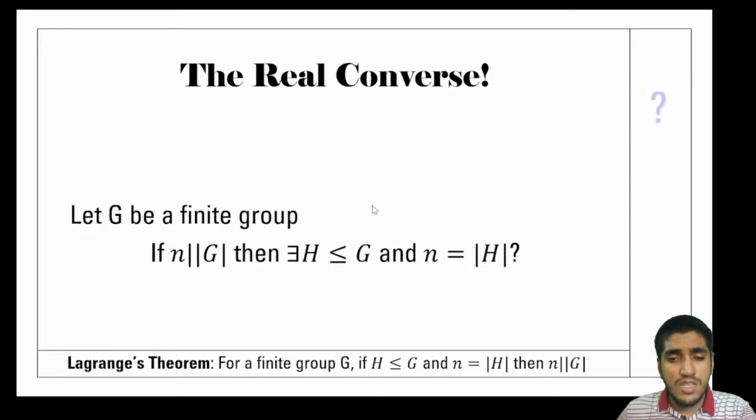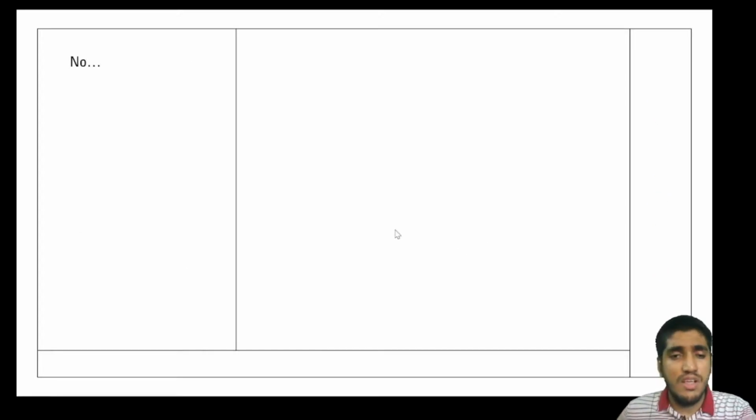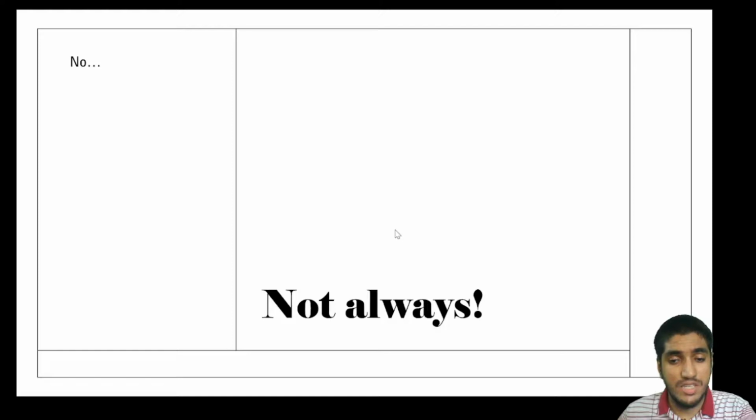The real converse is, if n divides order of G, then there exists a subgroup H of order n. A very convincing statement it is, isn't it? But is it true? The answer is no, or more precisely, not always.